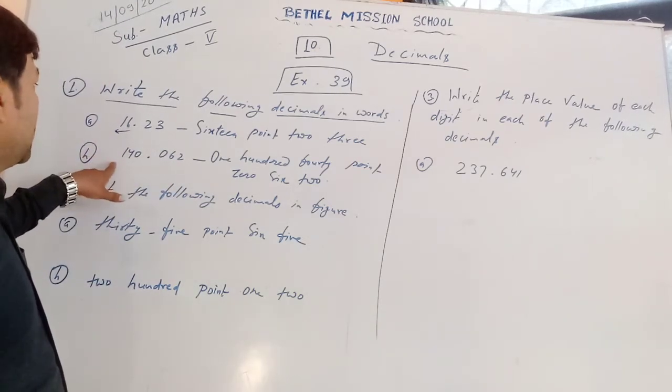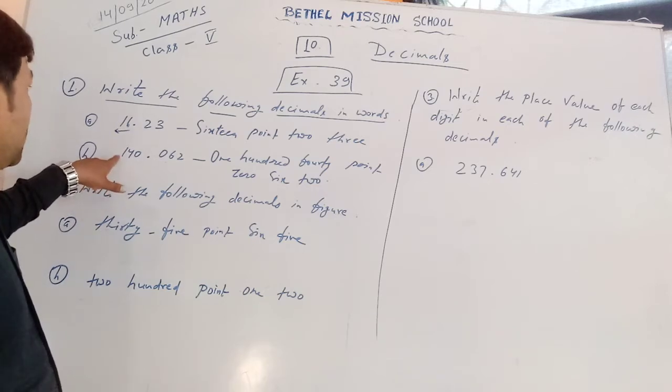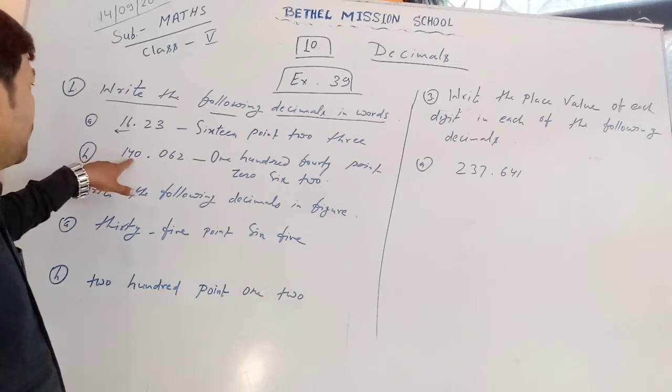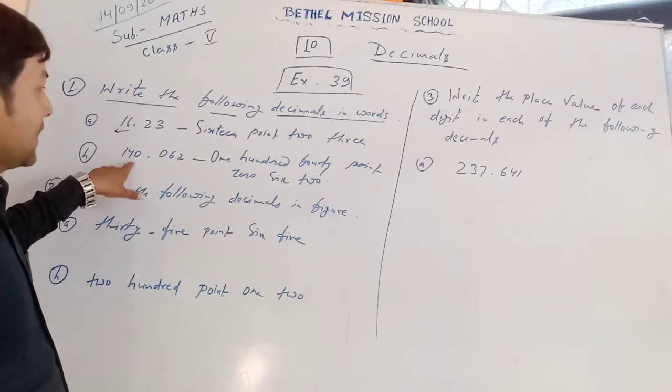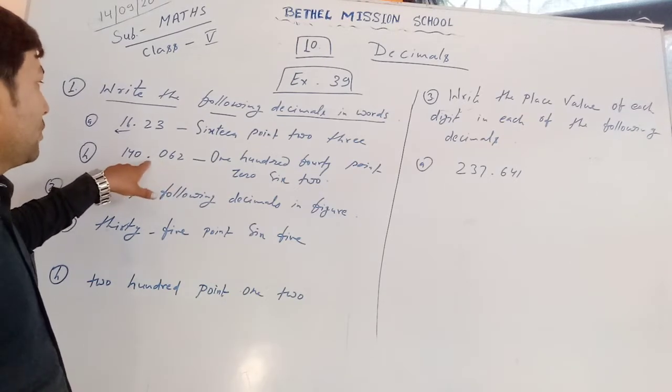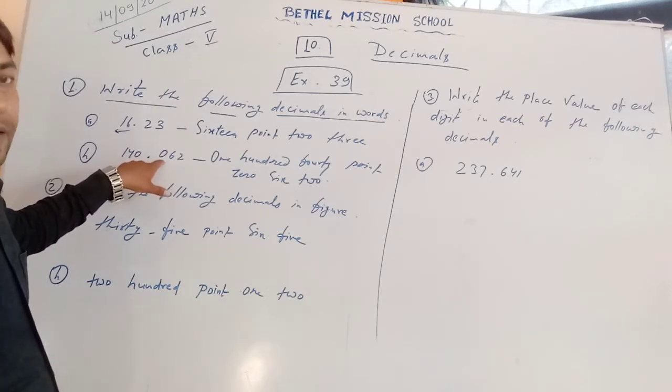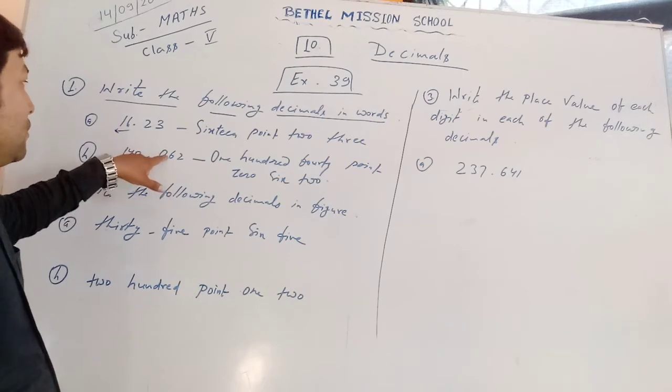Before the decimal you write as usual, and after the decimal, or after the point, you write each number one by one: 0, 6, 2.